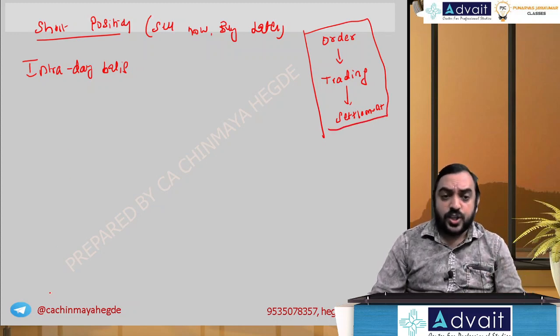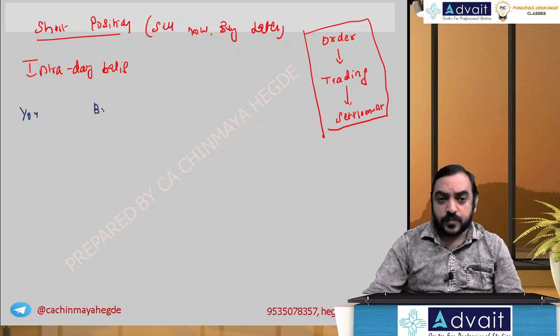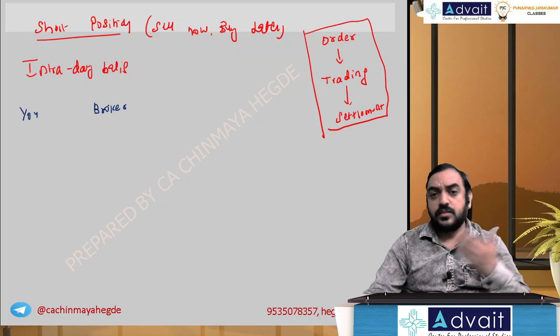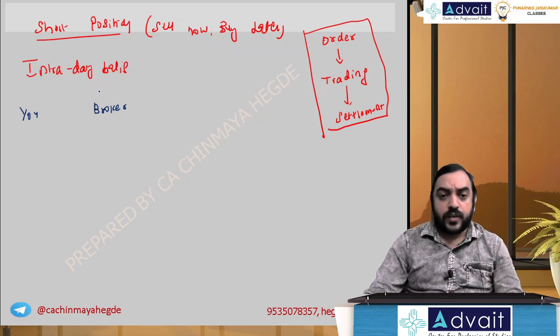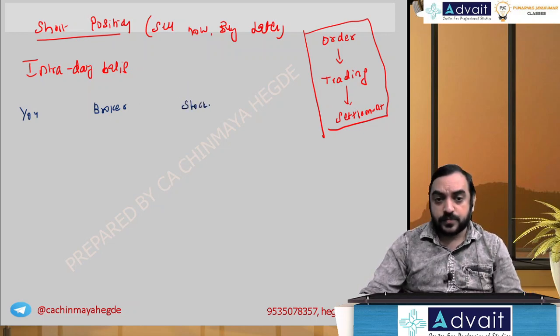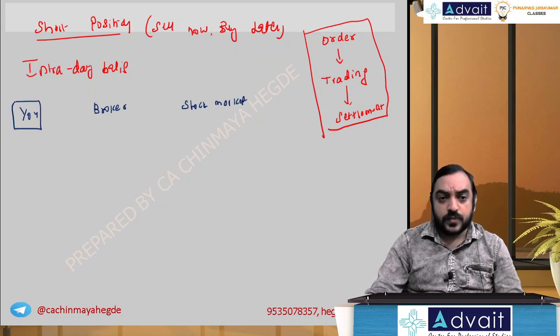So let's say you are there, and there is a broker, Zerodha, Sharekhan, Upstox, 5Paisa, Alice Blue. You are there, broker is there, and then the stock market is there. So 3 things.